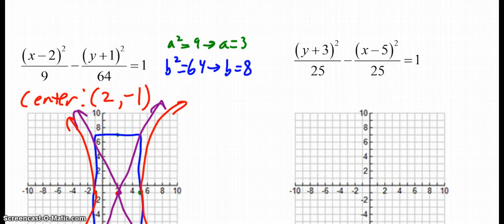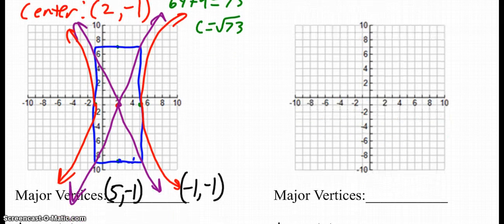Alright, so I know 64 plus 9 equals 73. So C equals the square root of 73. Square root of 73 is like 8 point something. So from the center, I'm going to go to the right 8 point something, so I'll have a focus there, and I'm going to go to the left 8 point something, so I will have a focus here.